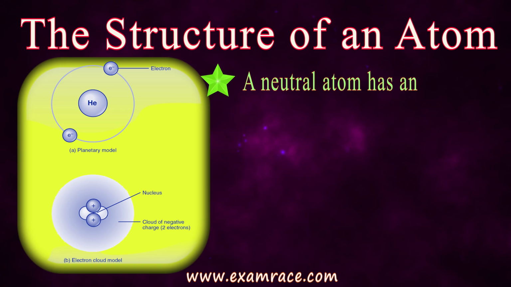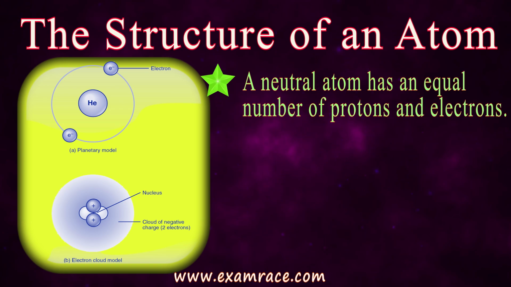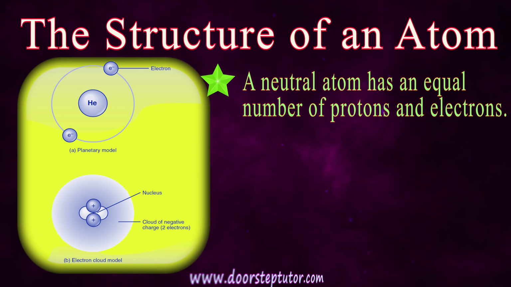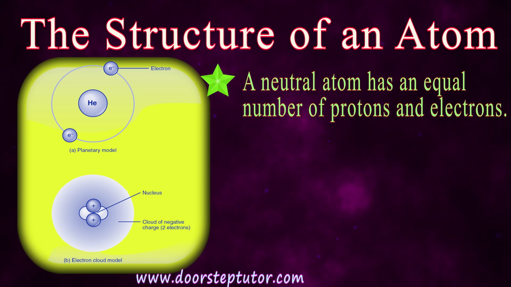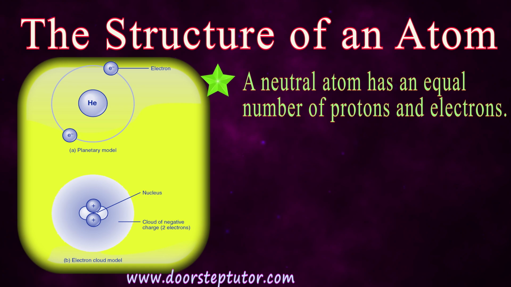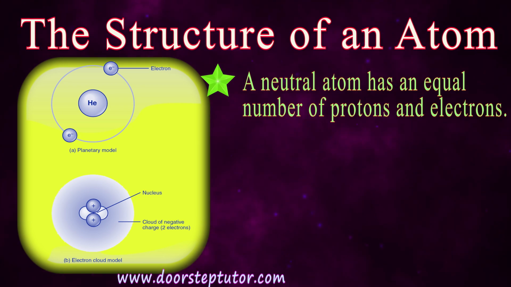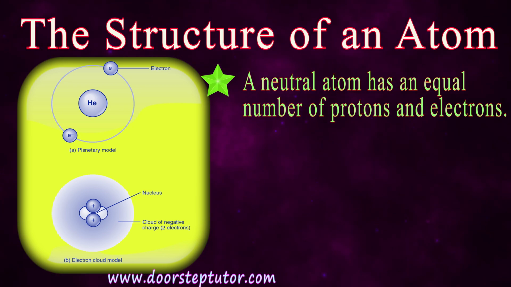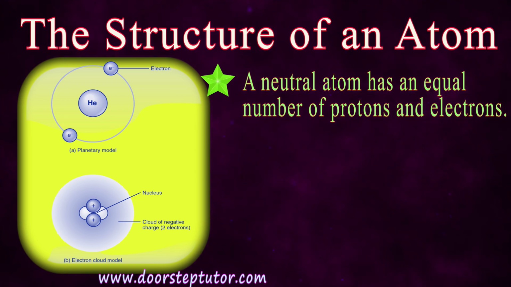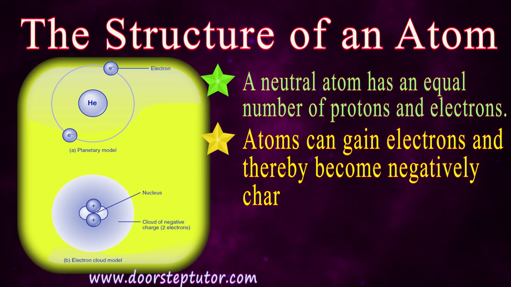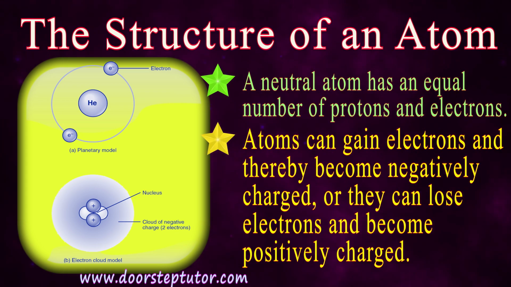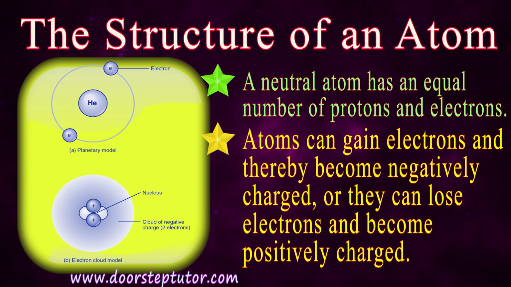In the given figure, you can see the atom of helium. In the middle is the nucleus of the helium, and it is surrounded by electrons. In the figure below, you can see a cloud of blue color. It is symbolizing the cloud of electrons, and in the middle you can see two red balls and two orange balls.